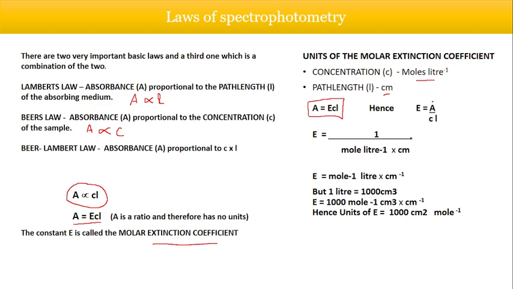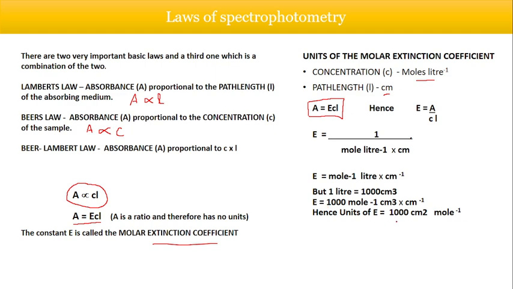Absorbance does not have any unit, because it's a ratio. From here we can tell that epsilon equals mole inverse liter centimeter inverse, and we know 1 liter equals 1000 centimeter cube. So the epsilon value is 1000 centimeter cube mole inverse centimeter inverse.